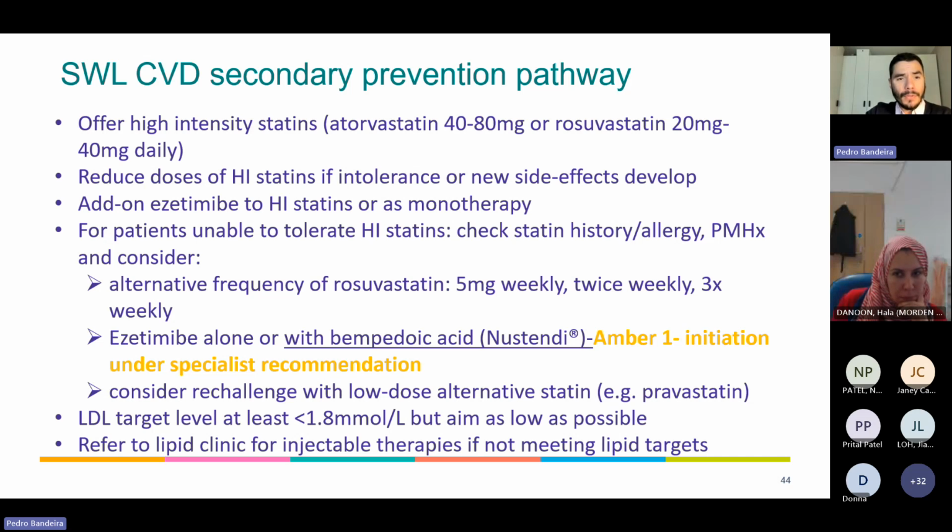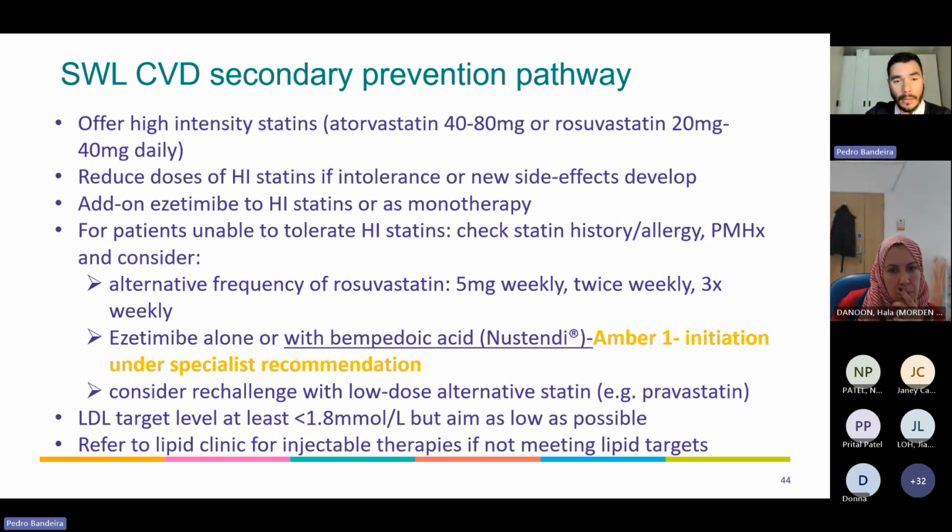It's important to also consider for patients with complicated statin intolerance that there are other ways of reintroducing statins, and normally I would advise a gradual increase of rosuvastatin, which is a long-acting statin, with a gradual regime of once a week for 2 to 4 weeks, then twice a week for 2 to 4 weeks, and then you can have a discussion with the patient to see what works for them.